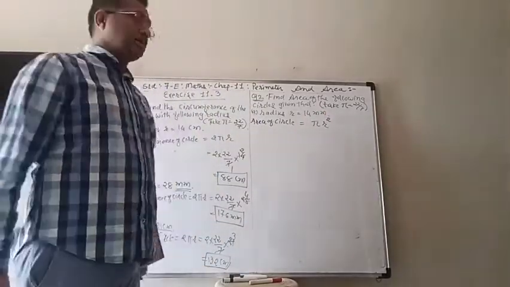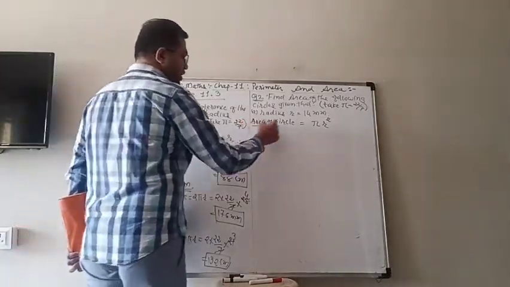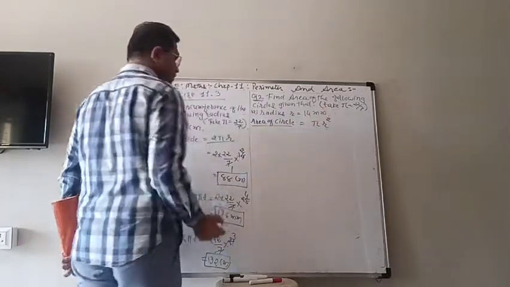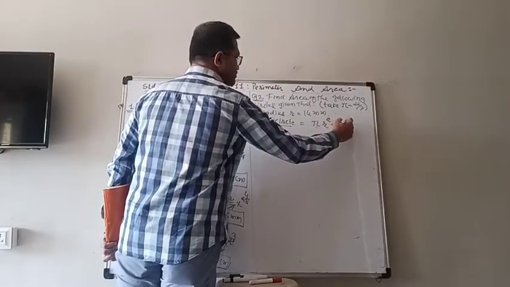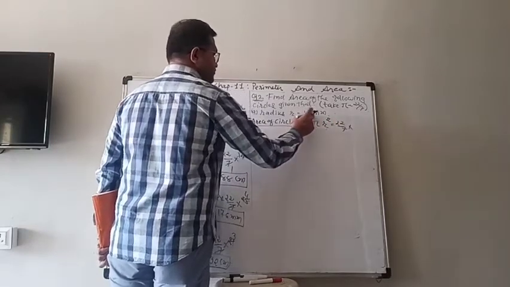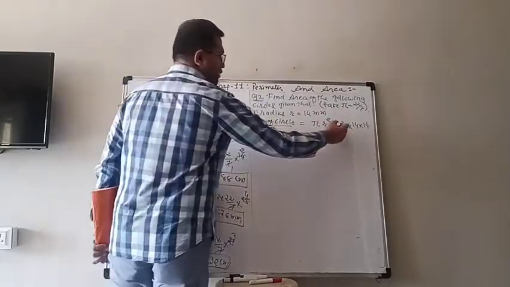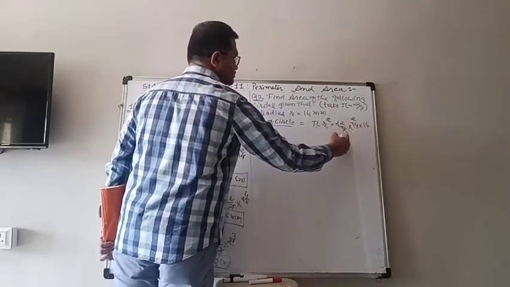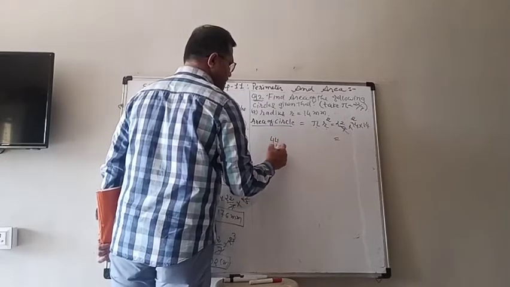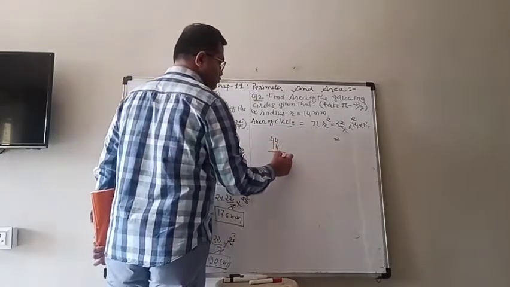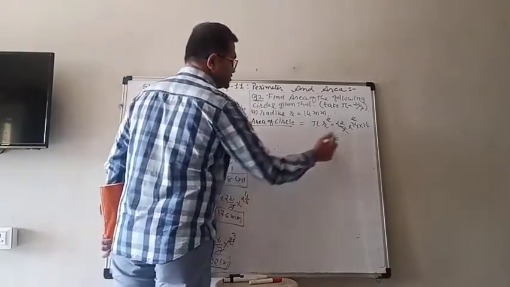Don't get confused: 2 pi r is the circumference, and the area of the circle is pi r square. So that is 22 upon 7 into r square, which means 14 multiplied by 14, 2 times. Square means 2 times. So 7 2s are 14. Now 22 2s are 44. 44 multiplied by 14. So 196 is the answer.